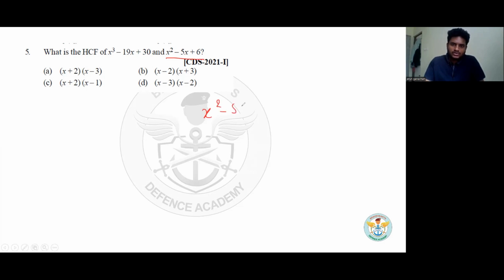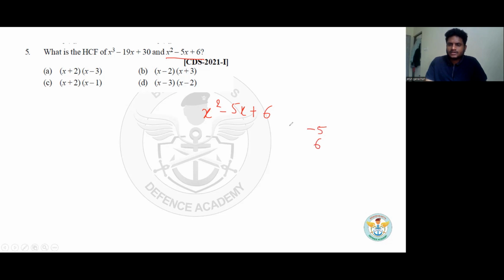What are the roots if we solve x square minus 5x plus 6? We have done a very similar sum right now.